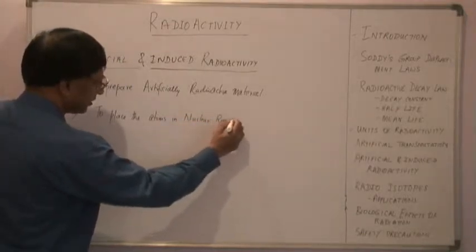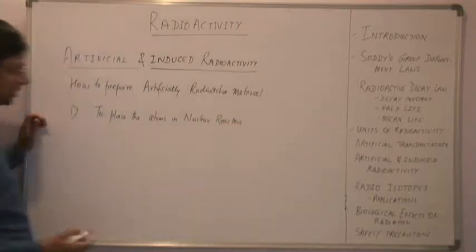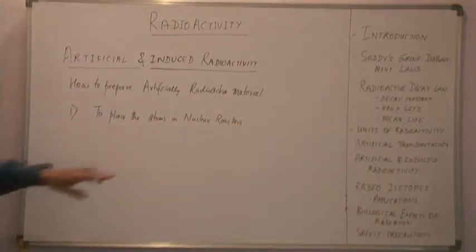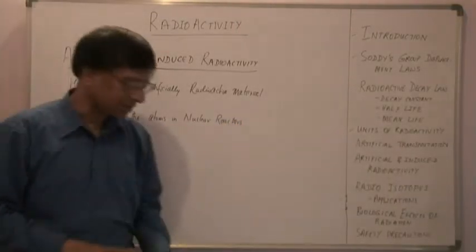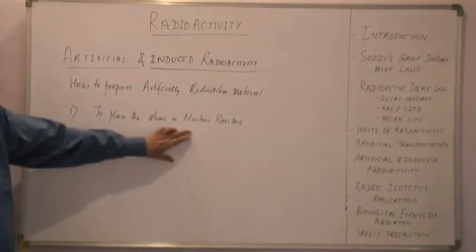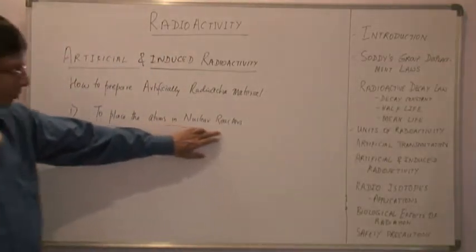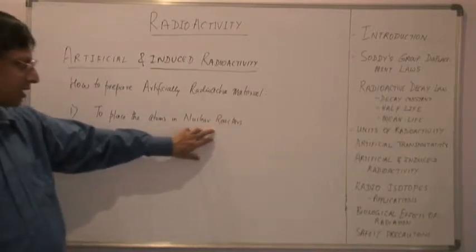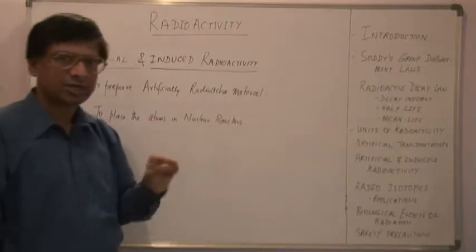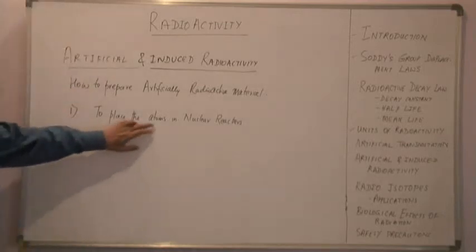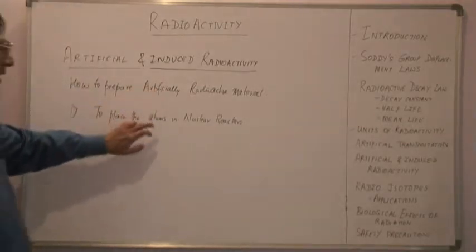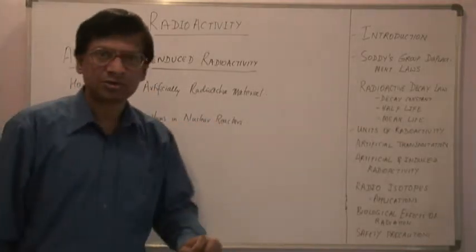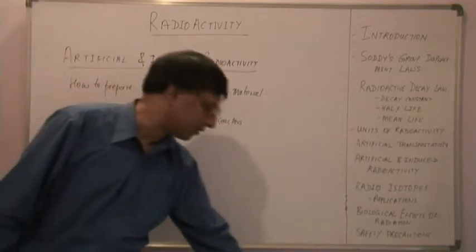We mentioned when we talked about nuclear reactors that because of the nuclear fission process, energy plus suitable particles are released. Those released particles can be made to impinge on the atoms of this nucleus, and thereby we can induce artificial radioactivity.